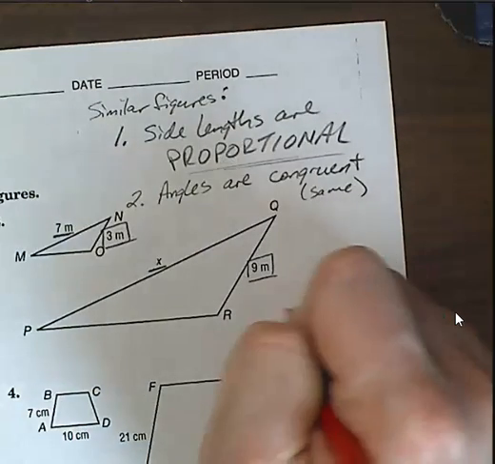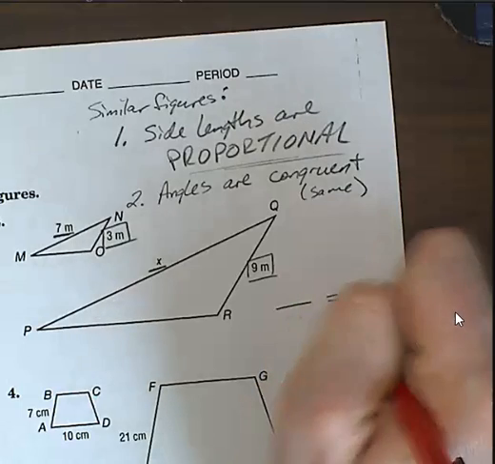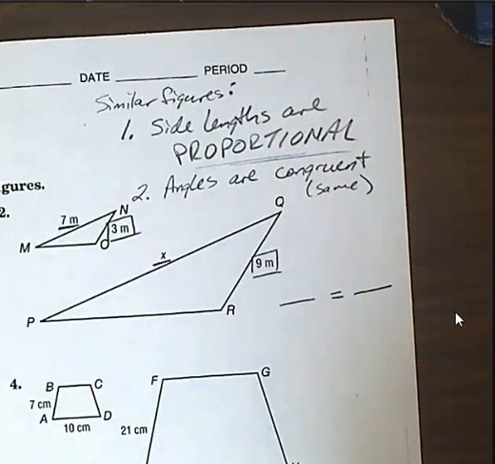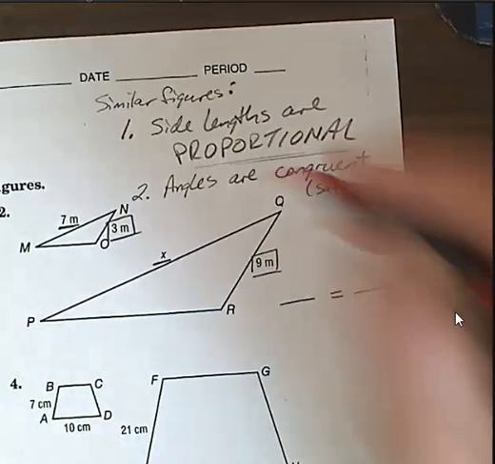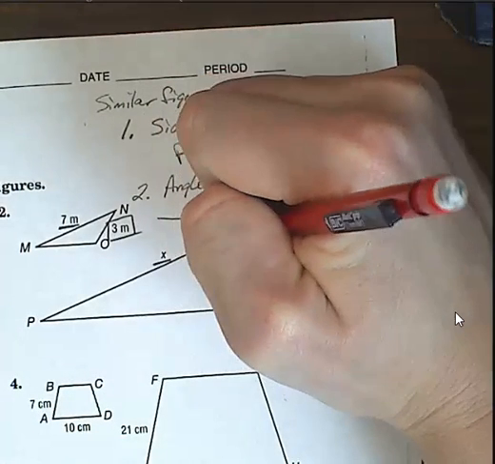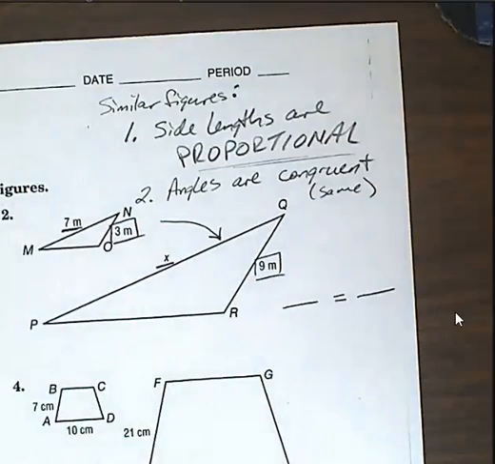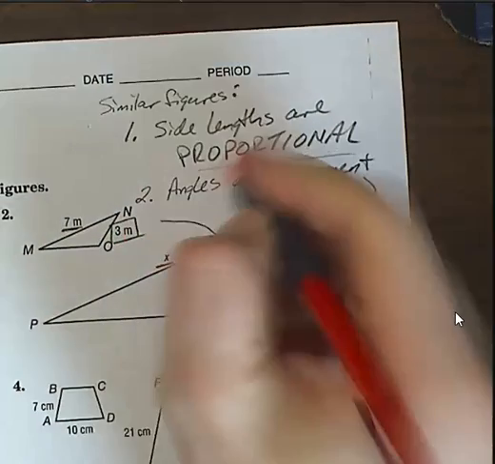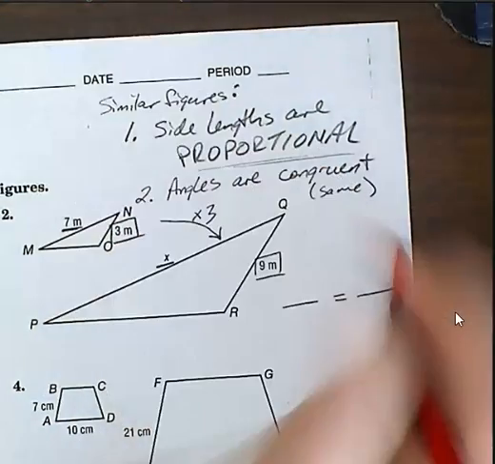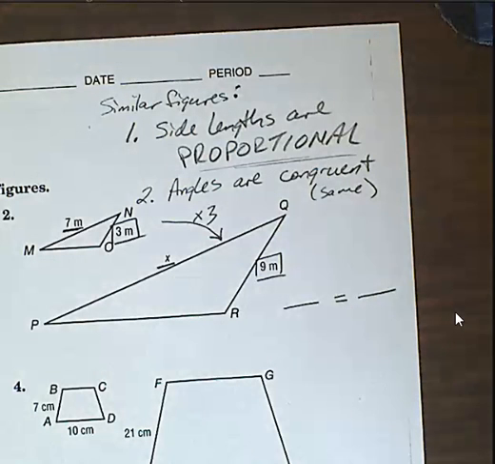Rach? 3 times 3 equals 9. Now, I love you found this relationship right here. It's proportional. 3 times 3 is 9.